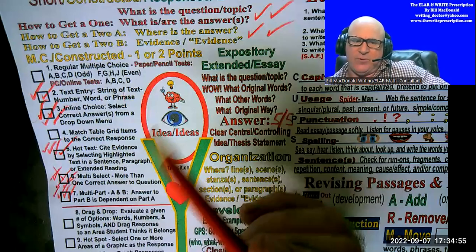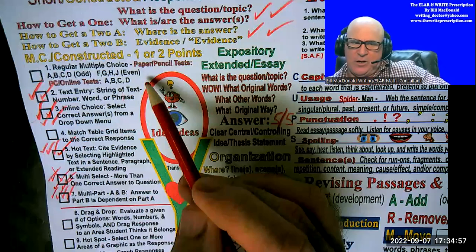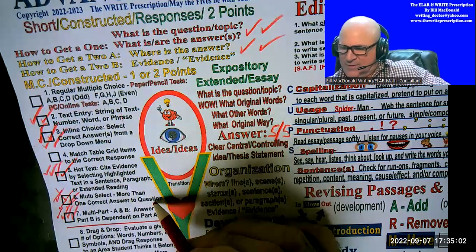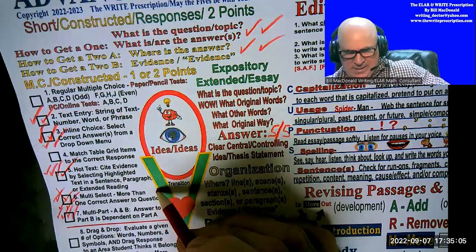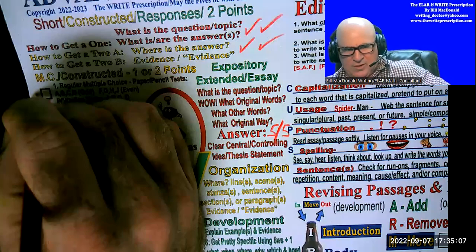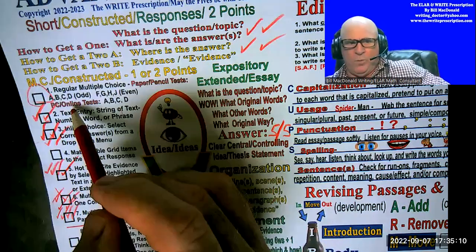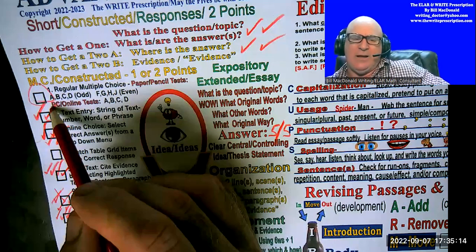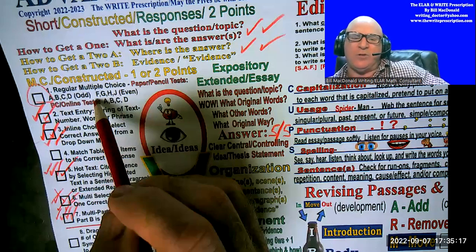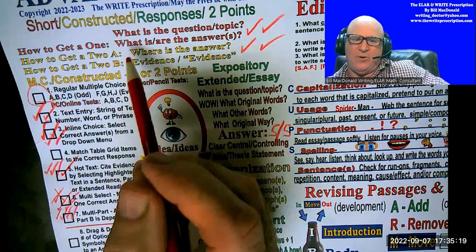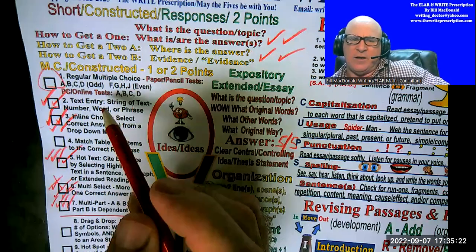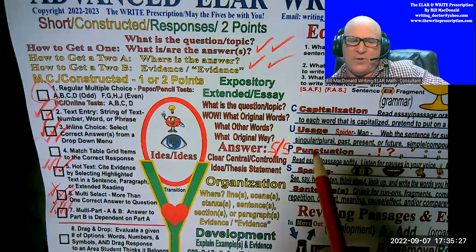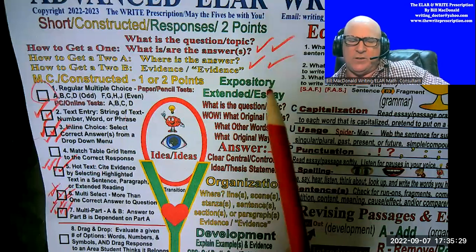And I want you to notice that for reading, everything that I checked off was above the red line. And even though I haven't checked it yet, up to 75% of the test will be regular A, B, C, D multiple choice, like old school. So my warning, my suggestion is don't spend 75% of your time doing these types of responses if only about 25% of the questions are going to be based on that.